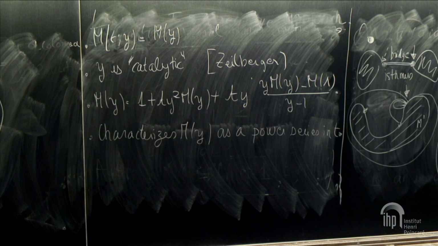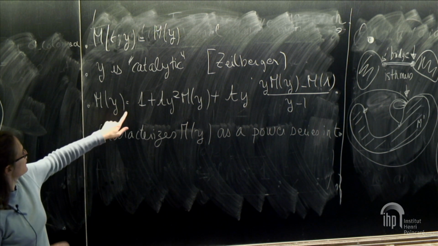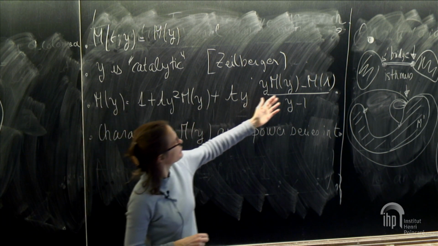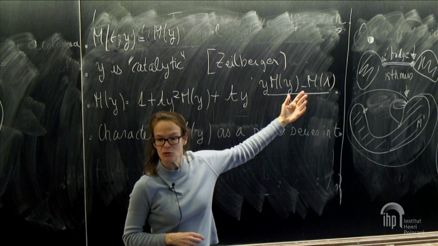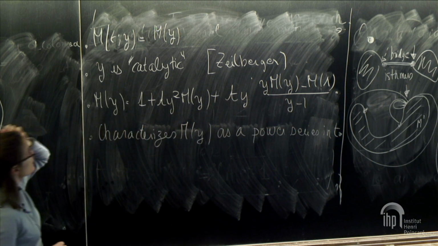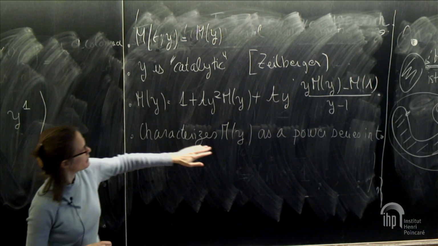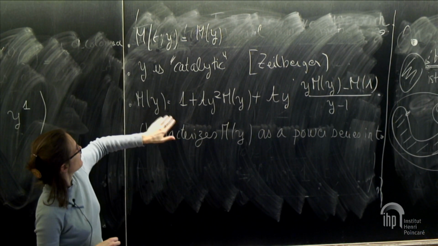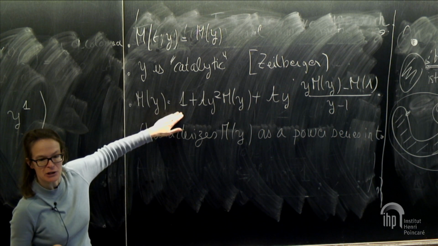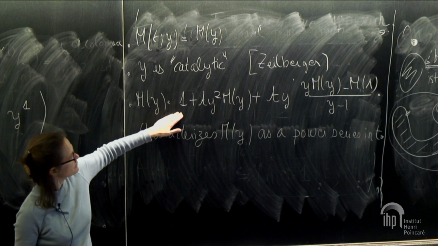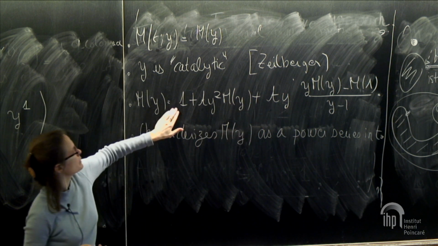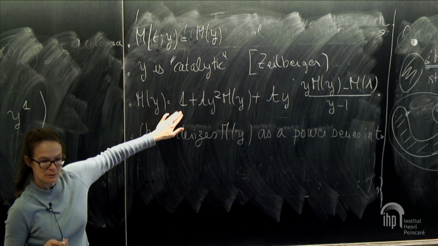So I want to explain this statement. It seems a bit strange because you have almost two unknowns in this equation, m of y and m of 1. But since you know that m is a power series in t, you can think of extracting recursively the coefficient of t to the n in this equation. Given that you have a factor t here and there, you know that the constant term in t must be 1.